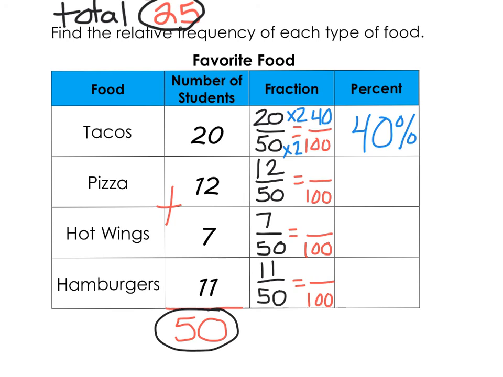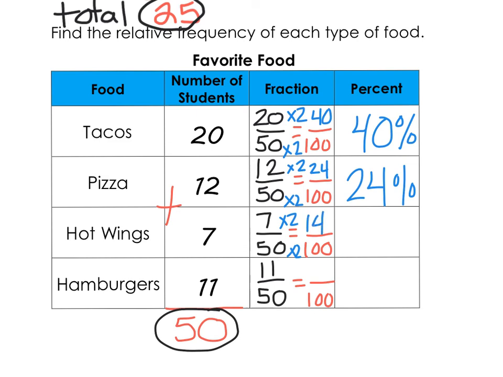Okay, let's do that again. We know to get from 50 to 100, we multiply by 2. So 12 times 2 is 24. So 12 out of 50 would be 24%. Okay, 50 times 2 is 100. So 7 times 2 is 14.